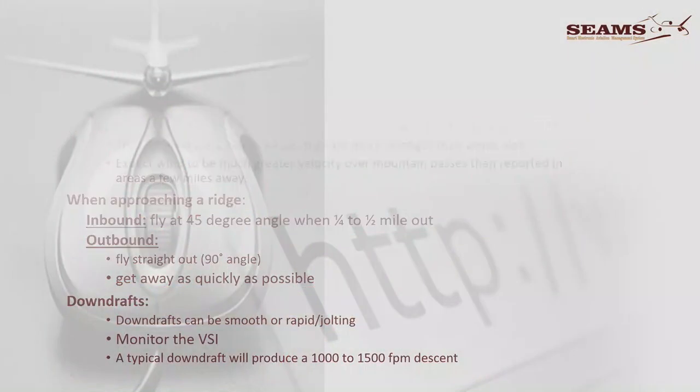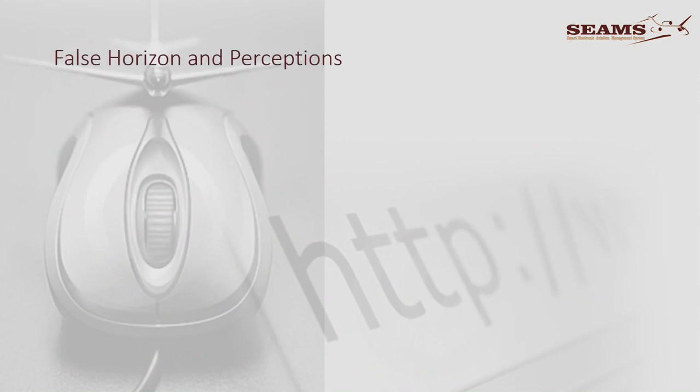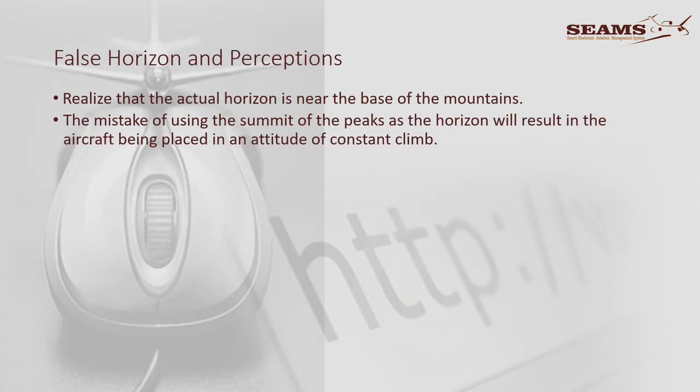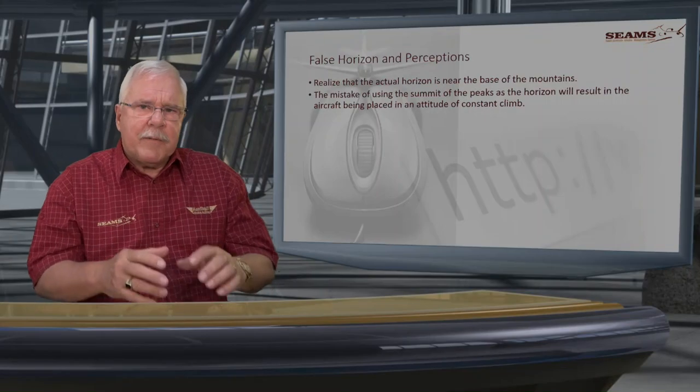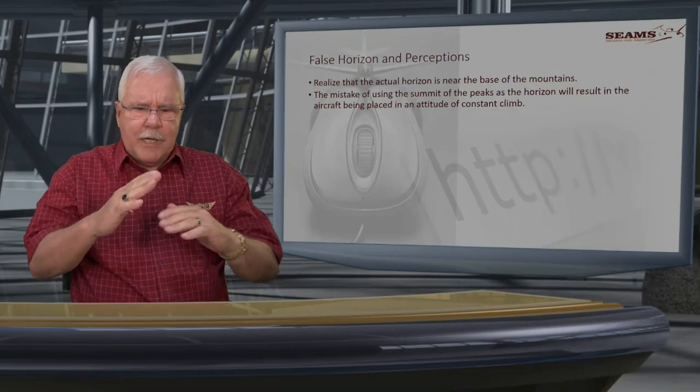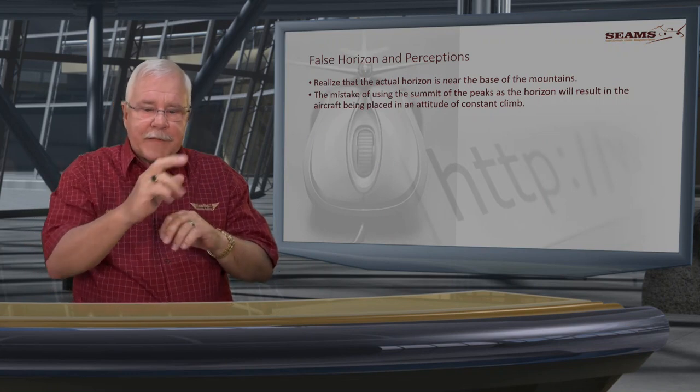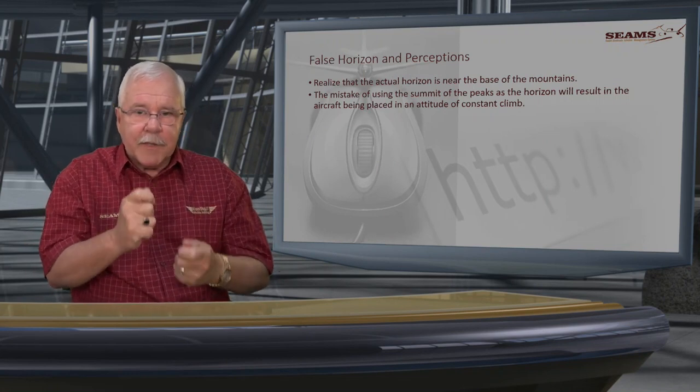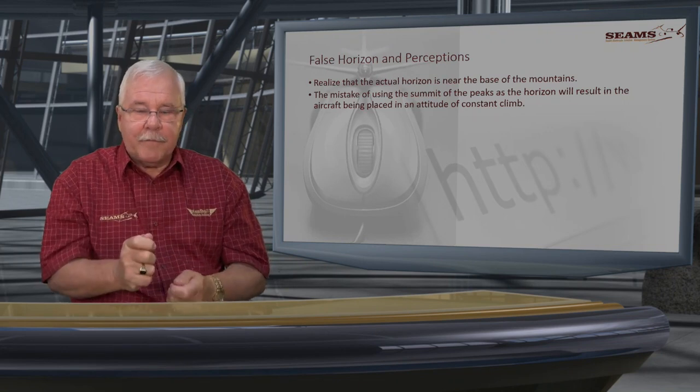Okay. Let's have a look at the false horizon issue, realizing that the actual horizon is near the base. This is when you are in a mountain and you're facing upslope. Here I'm sitting in the hover and I'm facing the upslope right in front of me.